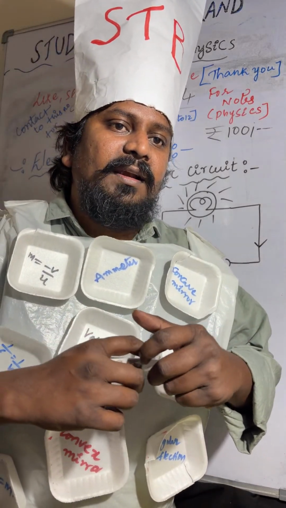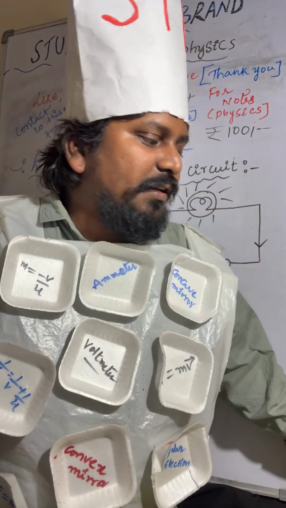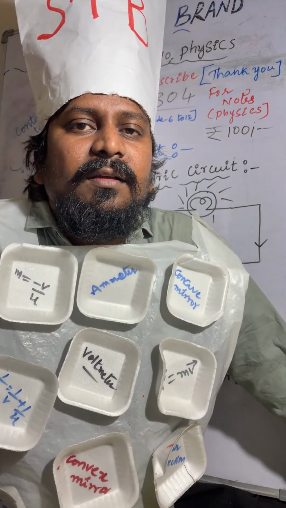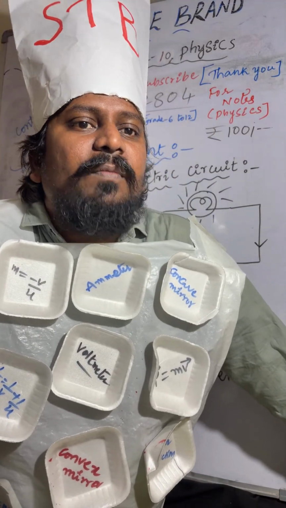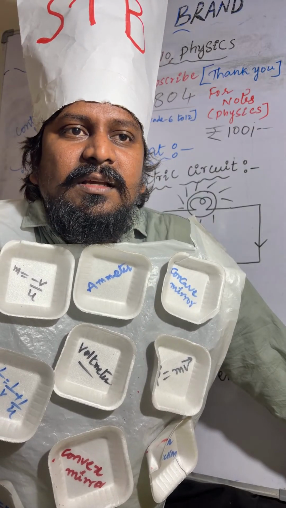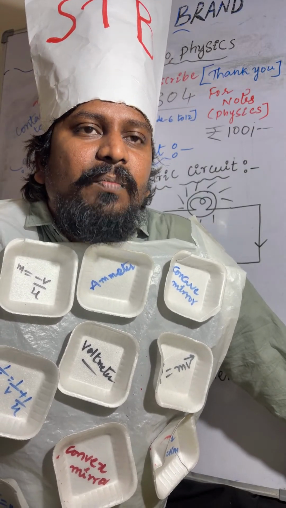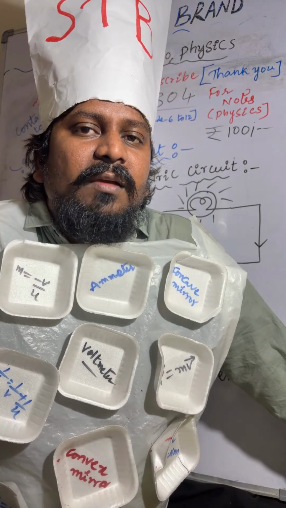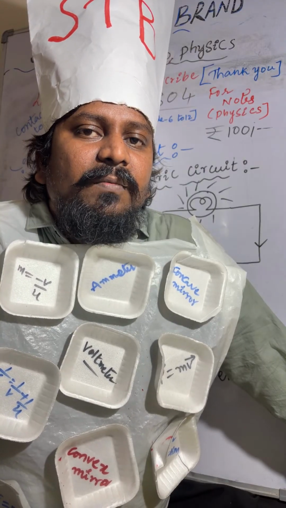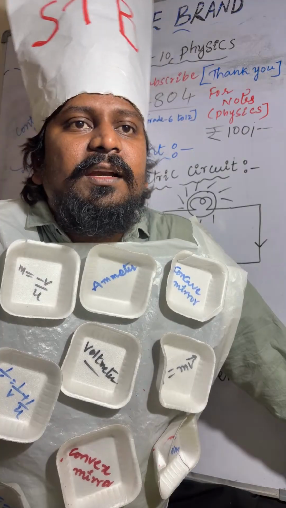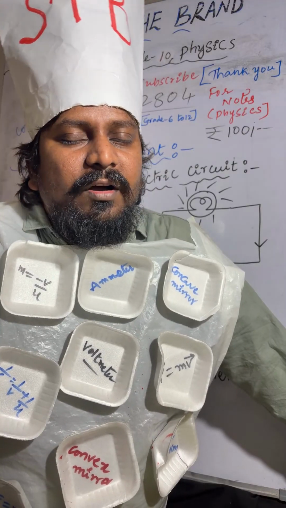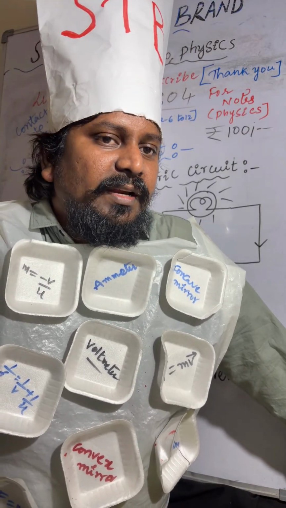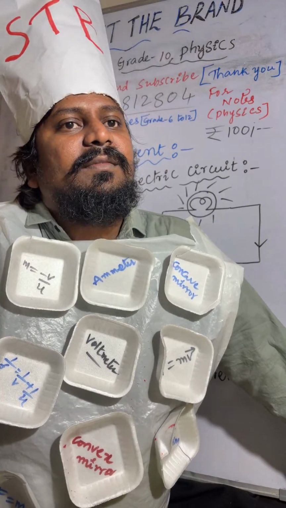What is the meaning of conventional current? Conventional current is nothing but the flow of positive charges. Positive charges are moving from positive terminal to negative terminal. Flow of positive charges is known as conventional current.